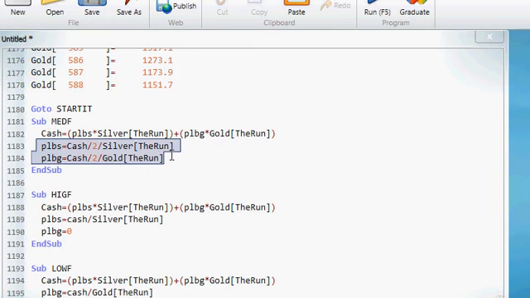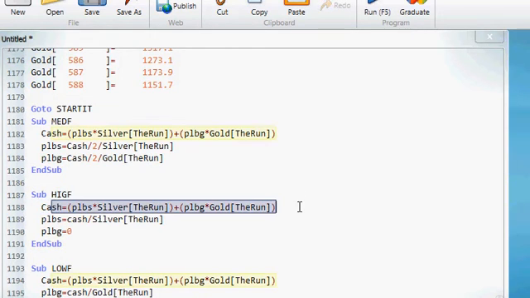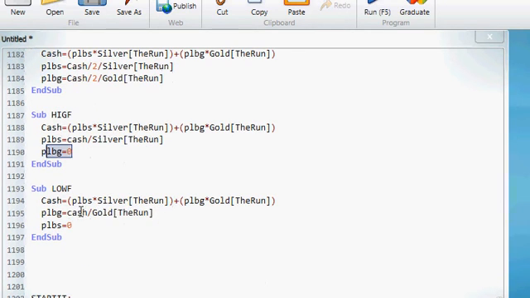And then that's done, and End Sub means it goes right back to where it came from. And then this is going to high. So now I'm going to do the same thing and put the value into cash. And now I want all of this into silver when it's high and none of it into gold. And then the same is true for when it goes to low.